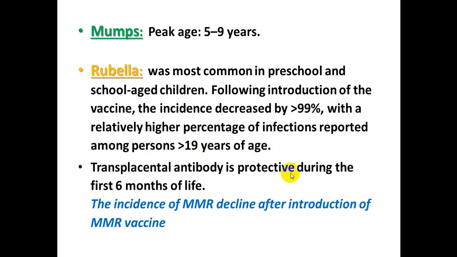Transplacental antibody is protective during the first 6 to 12 months of life. Similarly in mumps, passive immunity can protect the infant in the first 6 to 12 months of life. The incidence of measles, mumps, and rubella declined after the introduction of the MMR vaccine.